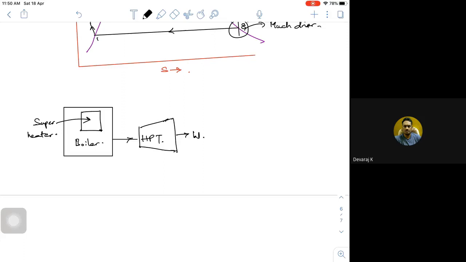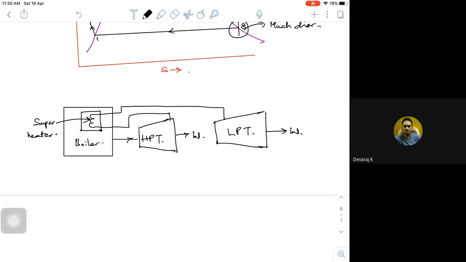I take the steam from here, and it is passed through the superheater, and then it is sent to the low pressure turbine, and this will go to the pump and the condenser.